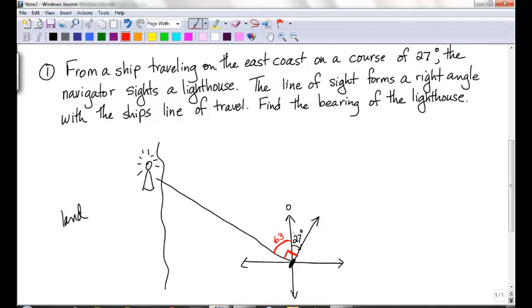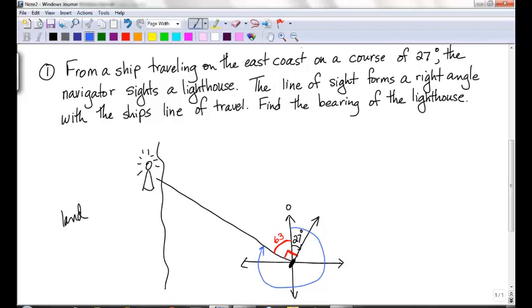Now, the critical part of these is to figure out what angle am I looking for. It's like you're facing straight north. You want the bearing. So you're going north. There's 0. There's 90. Upside down there's 180. There's 270. And that whole angle is what we're looking for. So when you're trying to go from the north to the line of sight, what angle is that?